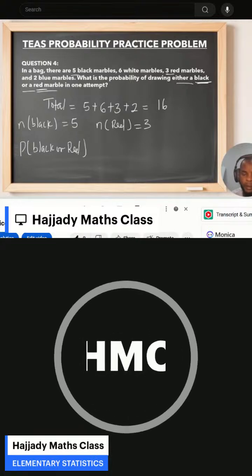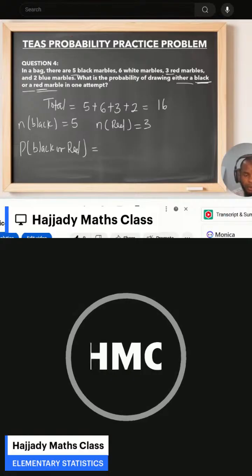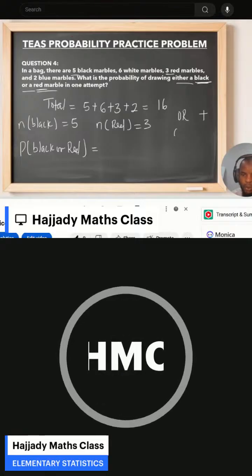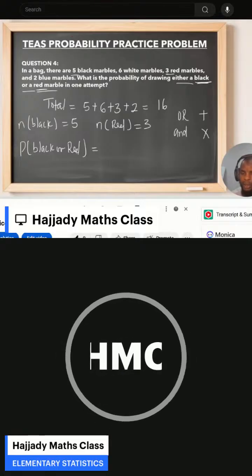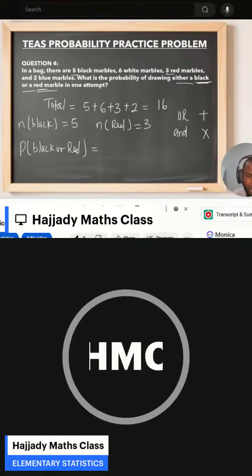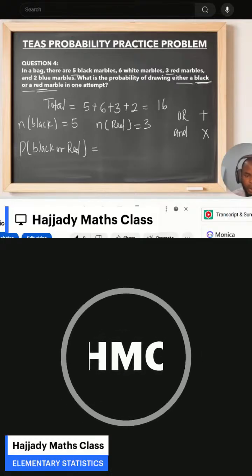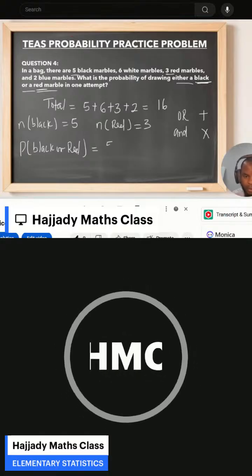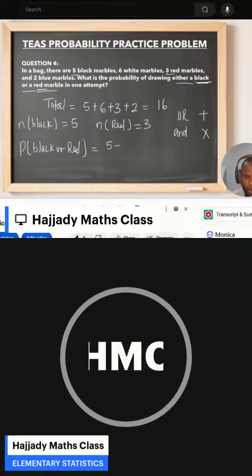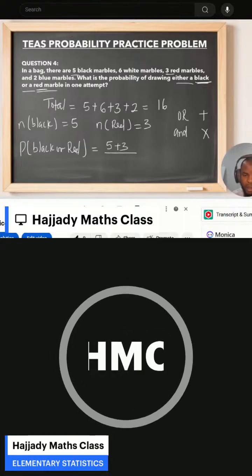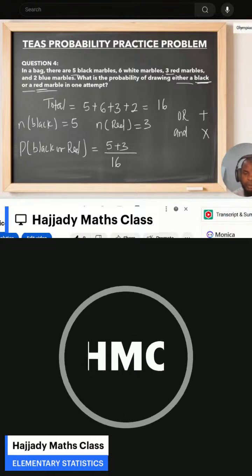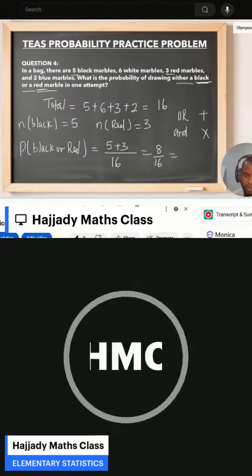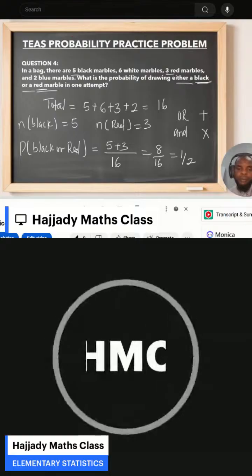In probability, when we talk about OR, we use addition. When we use the operation AND, we use multiplication. Now the probability of black or red is the number of black or the number of red. So we have 5, OR means plus, 3 divided by the total, which is 16. So here we have 8 over 16, which is 1 over 2.